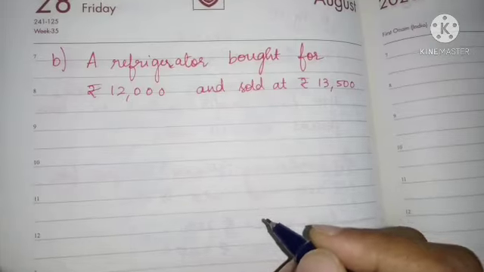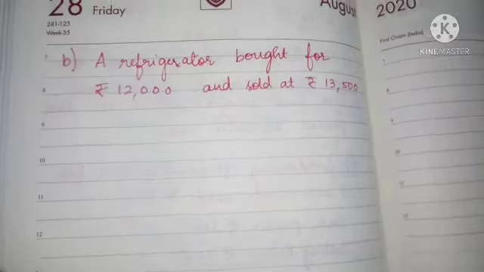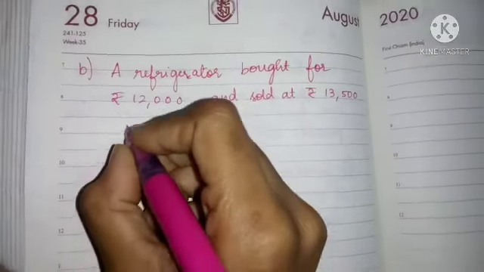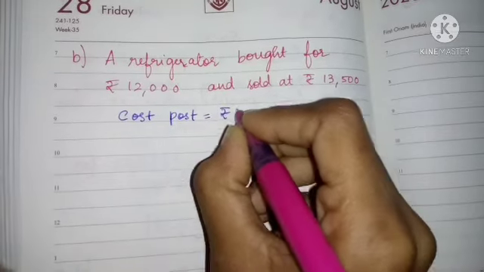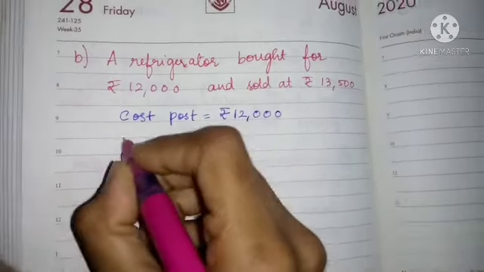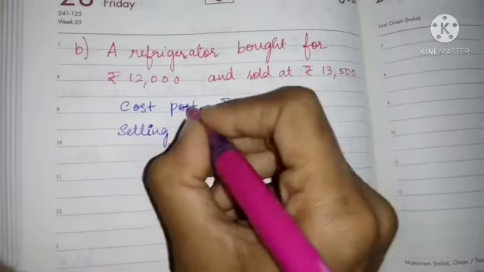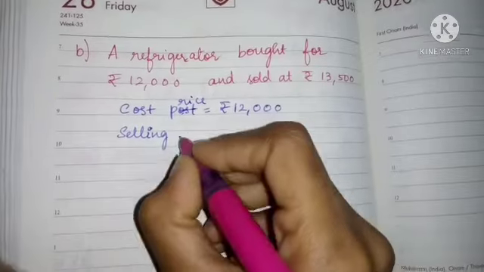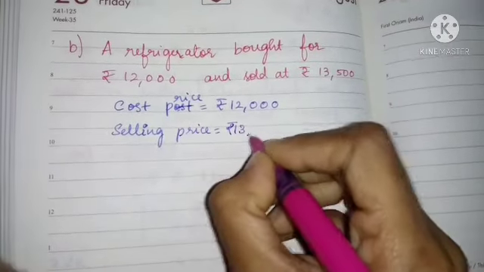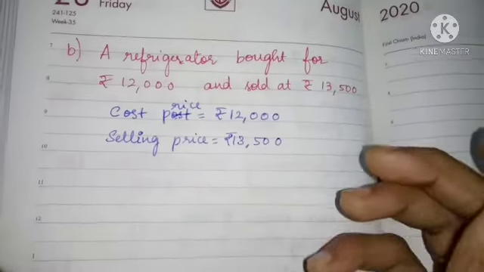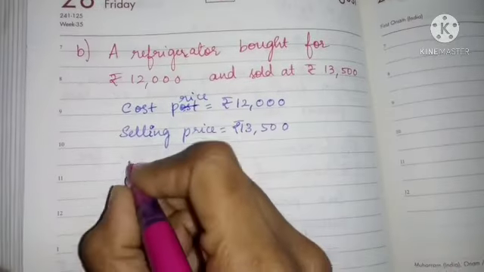Bought means it is the cost price. Cost price is equal to rupees 12,000. Selling price is rupees 13,500. Whether we are facing any profit or loss, it is profit.